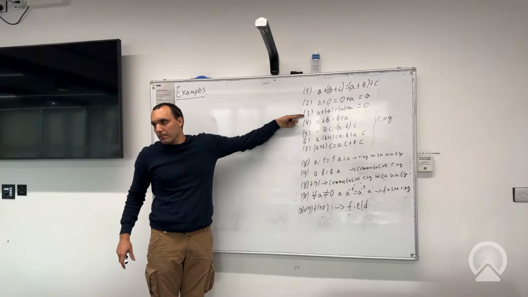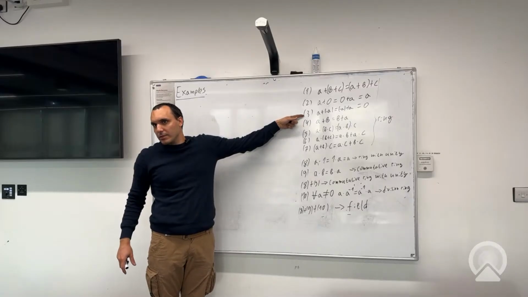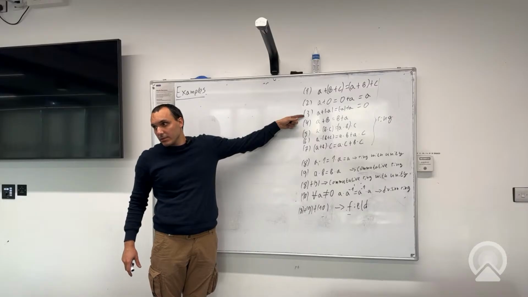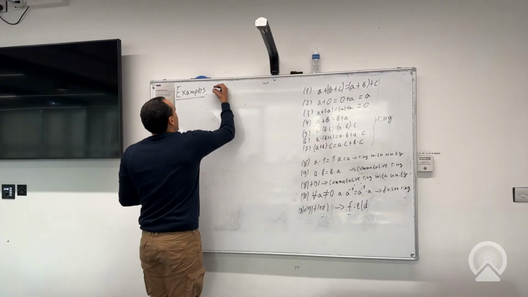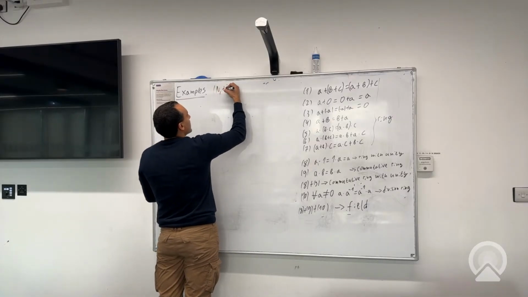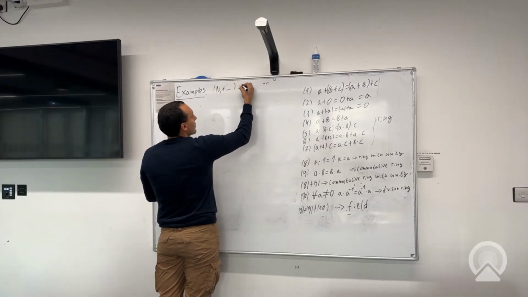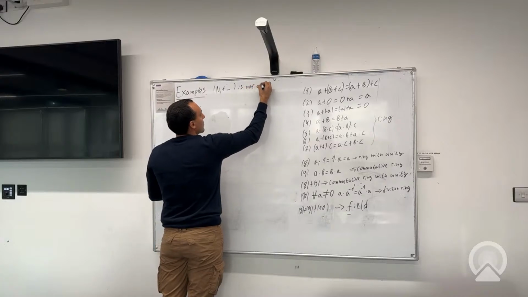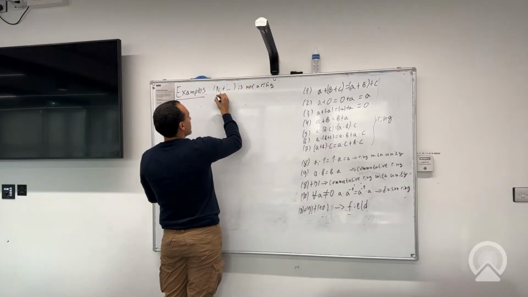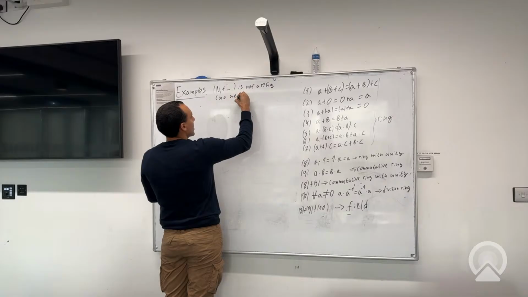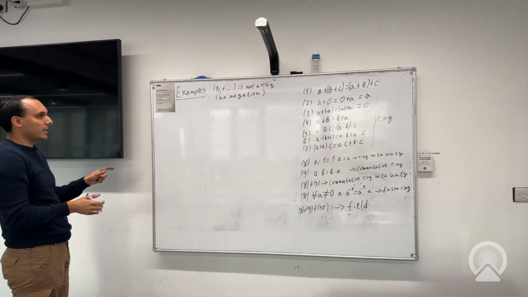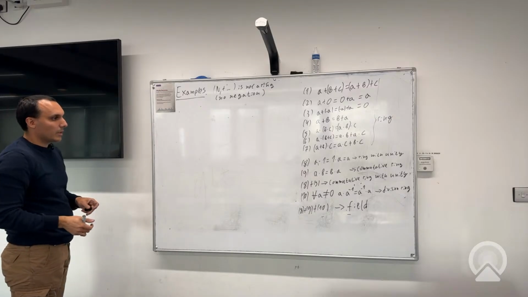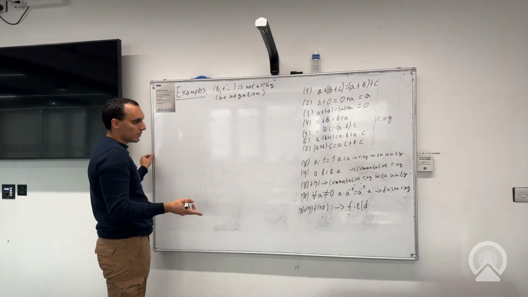Do they have inverses? Natural numbers are not an abelian group under addition, so N with plus is not a ring. It doesn't have negation. So the simplest ring, okay, there are finite rings, but it's not that interesting. The simplest ring is Z.